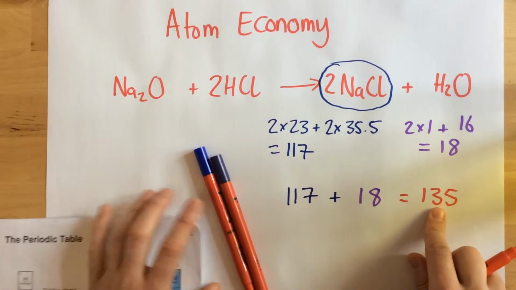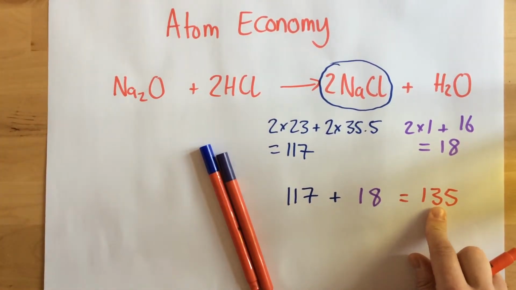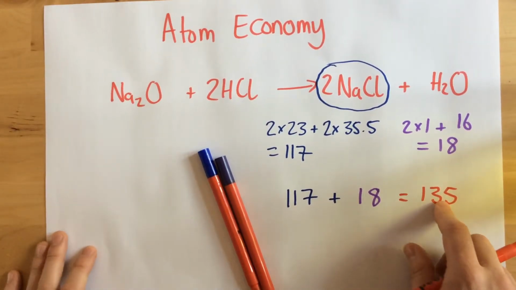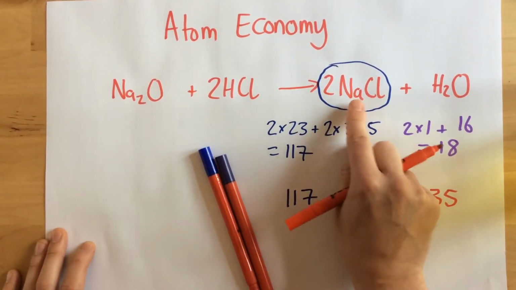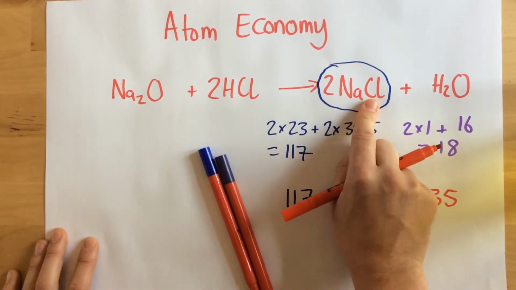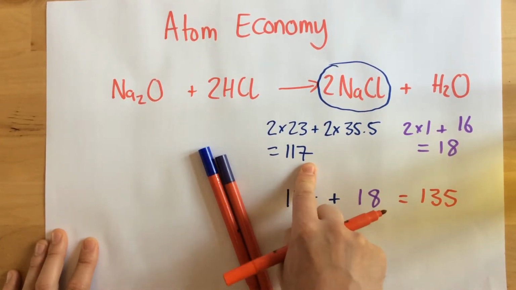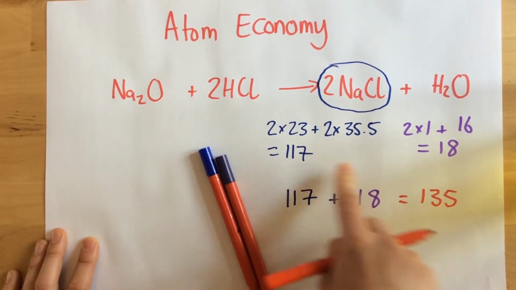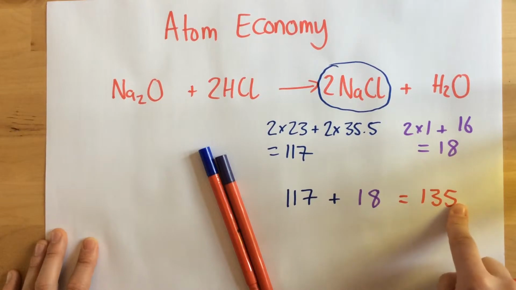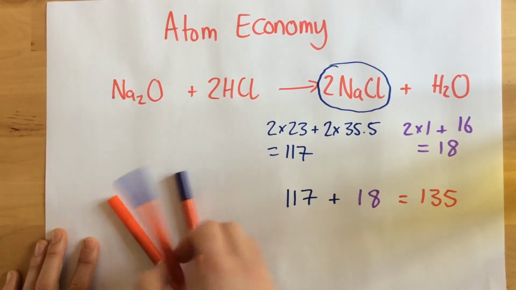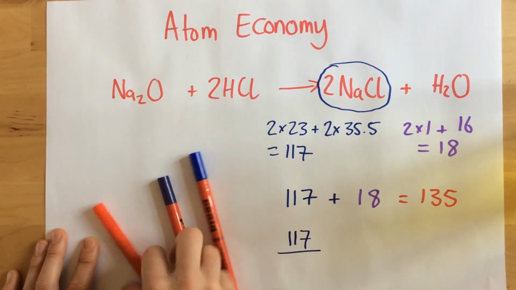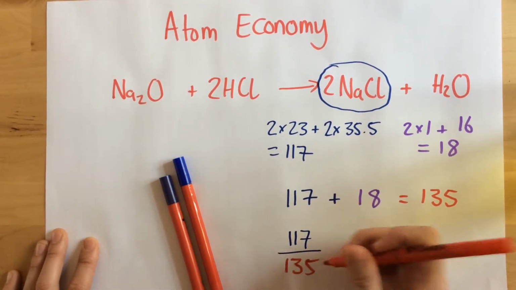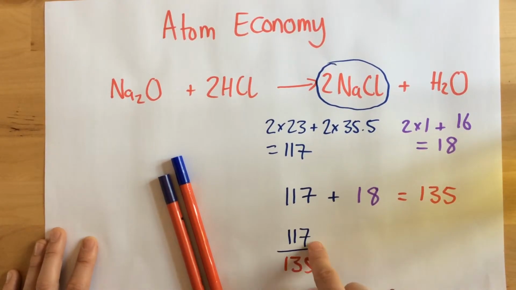Now, what I'm interested in to find my atom economy is what percentage of all of these products is my desired product. So my desired product is sodium chloride, and here is the relative formula mass for that, 117. Here is the mass of all of my products. So what I need to do is 117 out of 135, because this is the proportion of my products which is useful.